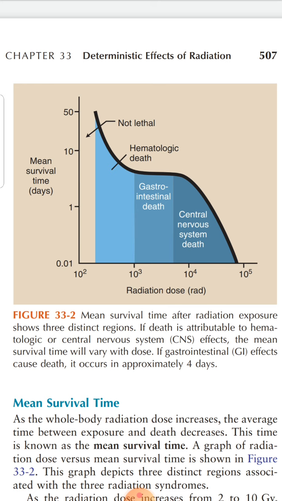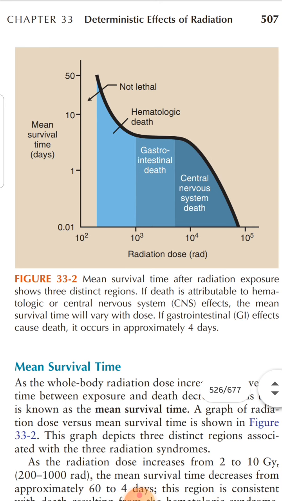In the GI syndrome, it remains constant at 4 days. With larger doses associated with the CNS syndrome, the mean survival time is again dose dependent, varying from approximately 3 days to a matter of hours.